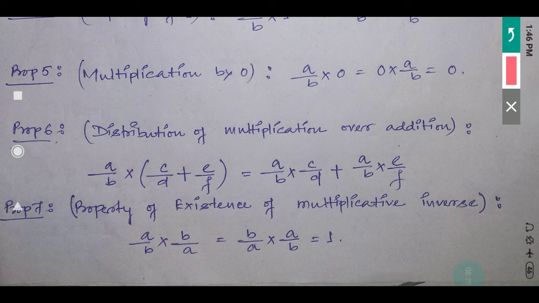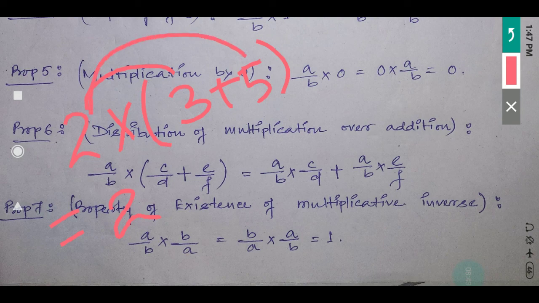Check here, 2 into 3 plus 5. Okay, these 2, 3, 5 are all rational numbers, all natural numbers are rational numbers. So here what I will do, 2, this one I have to multiply with this, again this one I have to multiply with this. That means 2 into, after that inside the bracket, this 2 is common for both 3 and 5, is it?